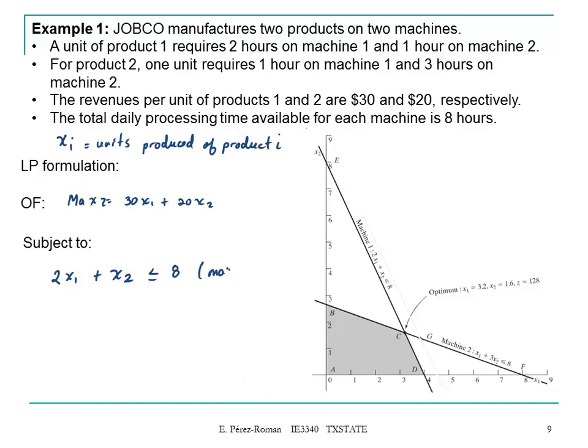So this is machine 1. And then for the second machine, we have x1 plus 3x2 less than or equal to 8. x1 and x2 should be greater than or equal to 0.